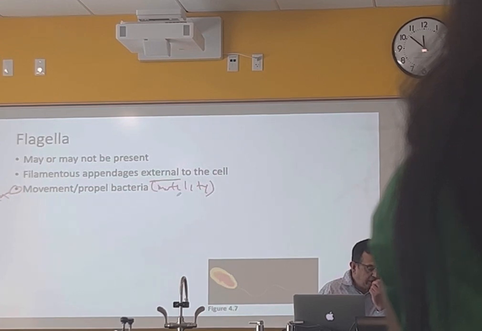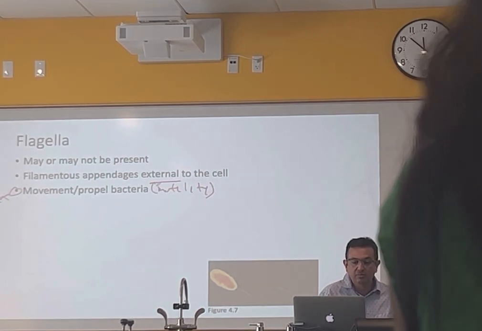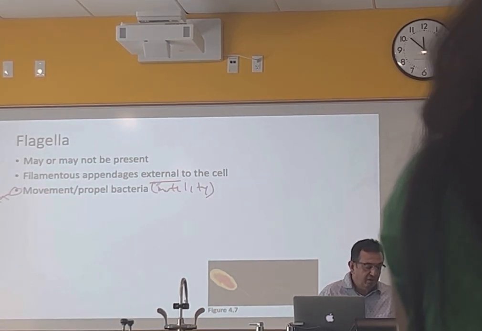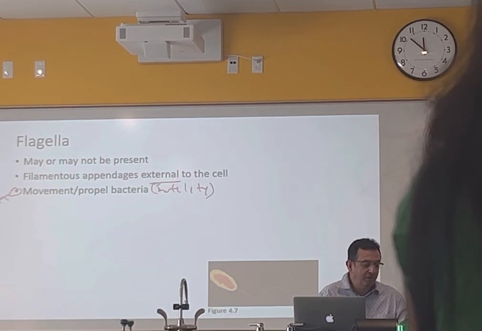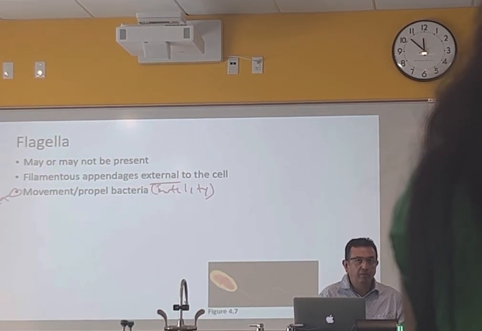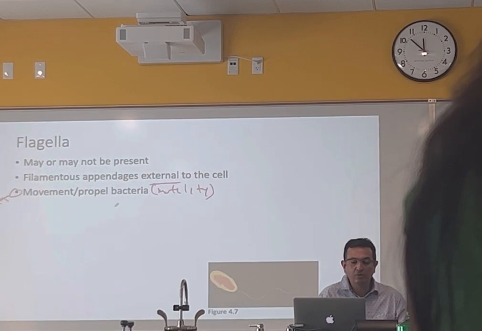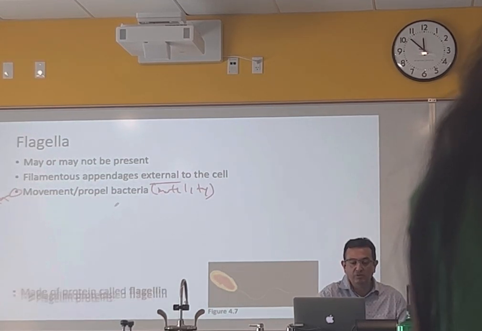So some bacteria that are motile, this is how they move, because they have that flagella there. And they move for different reasons. Maybe they're trying to locate a nutrient source, or they're trying to escape phagocytosis. There's a reason for why they move. So they have the ability to move.